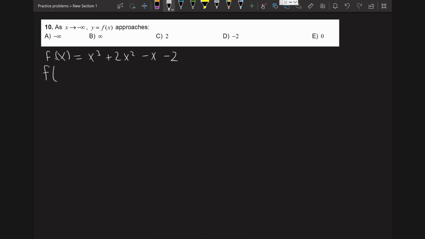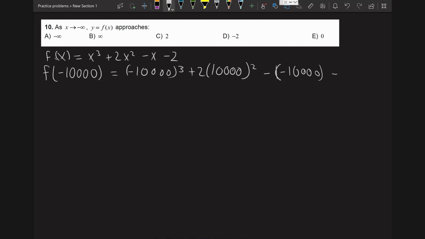So if you did f of negative 10,000 and you put that in the calculator, so negative 10,000 cubed plus 2 times negative 10,000 squared minus negative 10,000 minus 2, you would get negative 9.99 times 10 to the 11. And this is a really, really large negative number. And you can kind of insinuate that this is negative infinity, which would be the answer.